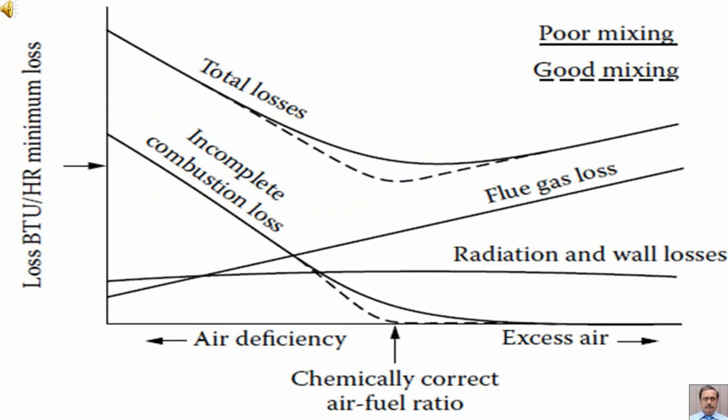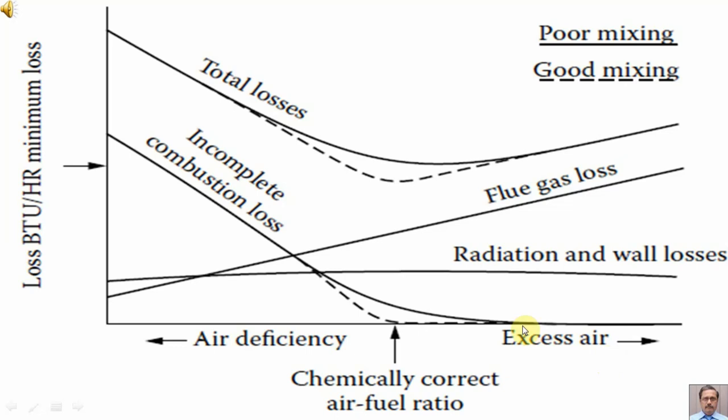In this lecture we have used 3 graphs. The first graph is about losses of boiler versus excess air. 3 types of losses are shown.